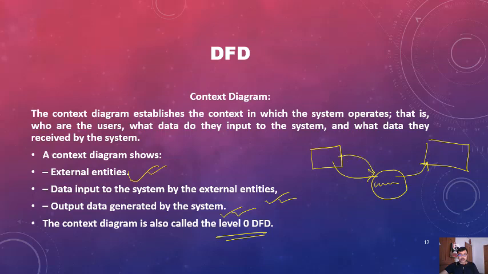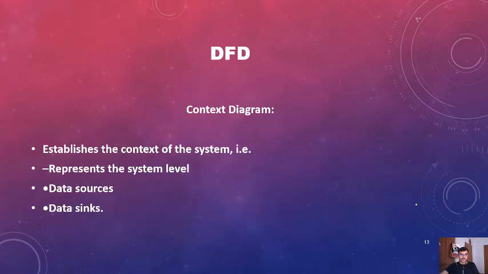And if there are some outputs for the system, then you should also draw them into this context diagram. So the context diagram establishes the context of the system, that is, it represents the system level, the data sources and data sinks.